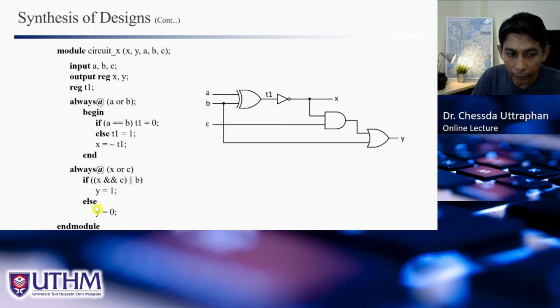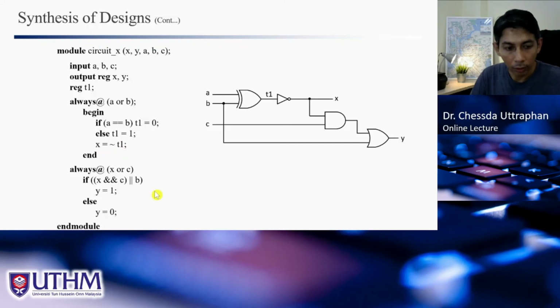If else is considered one statement. If this, do this, else do this, that is one statement. But this one is different: if this, do this, else do this, one statement, and another one, x equal to t1.